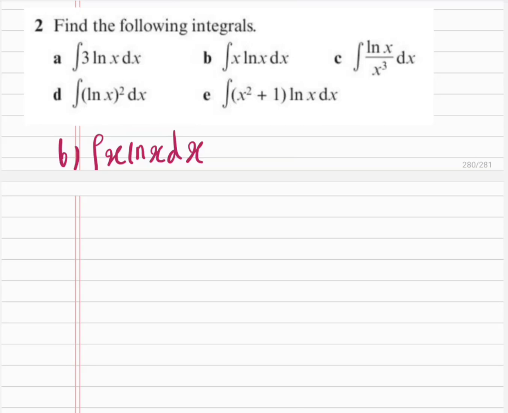Now, in terms of choosing u, so far we have been setting x as our u in the previous examples. But this is probably the first one where, even though we have x, we actually set u equal to ln x. That's because of a priority that we always follow in setting u.